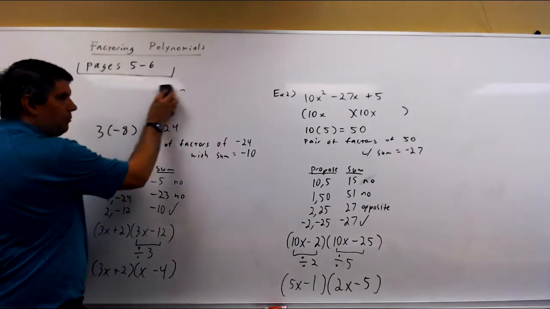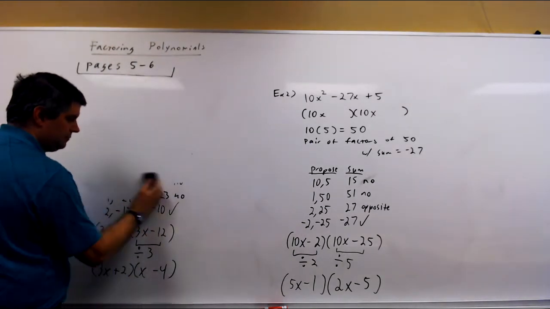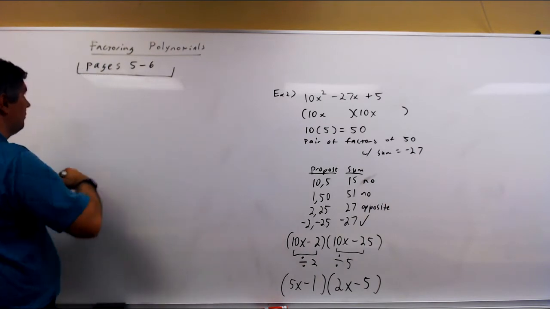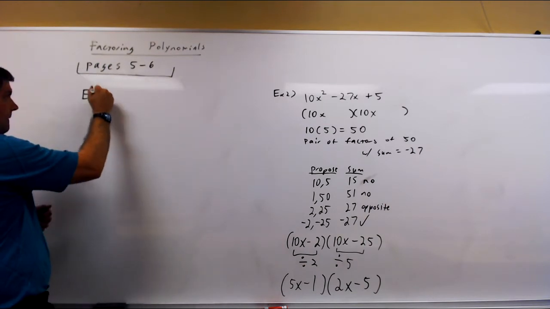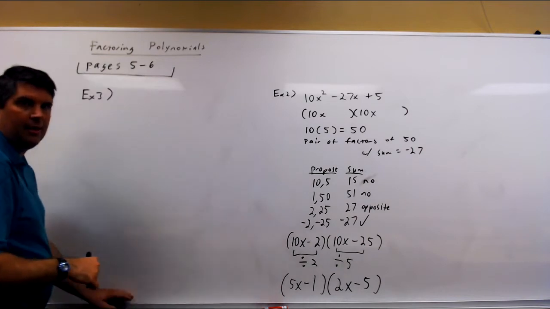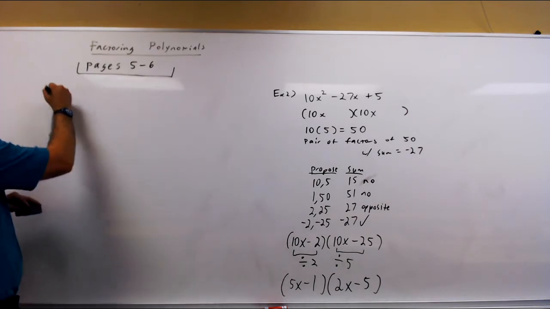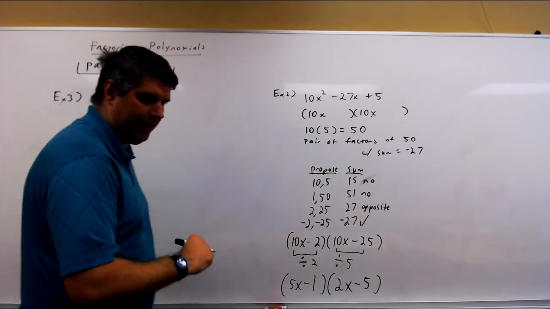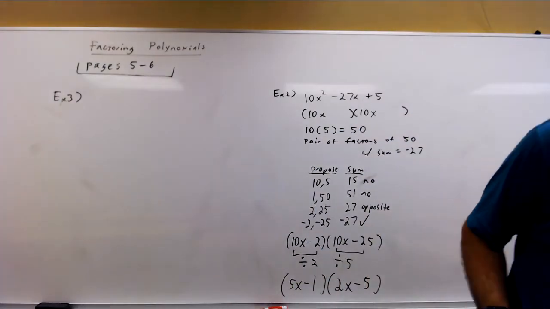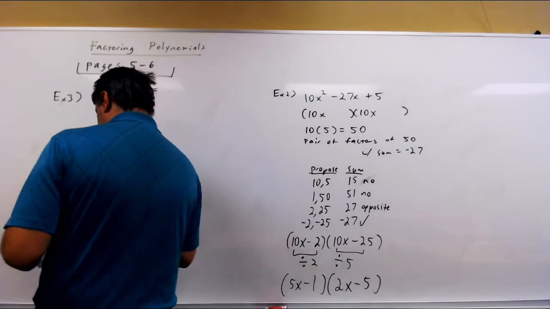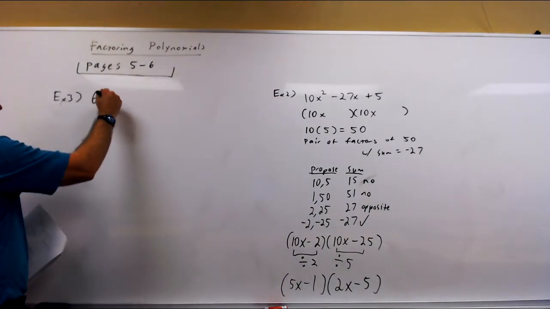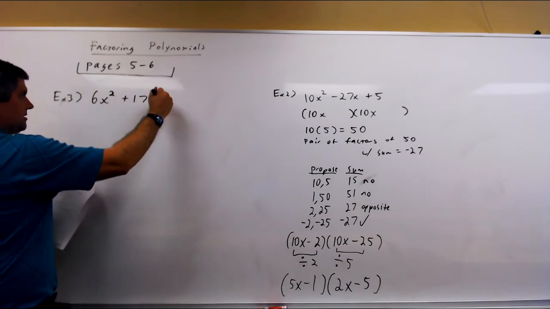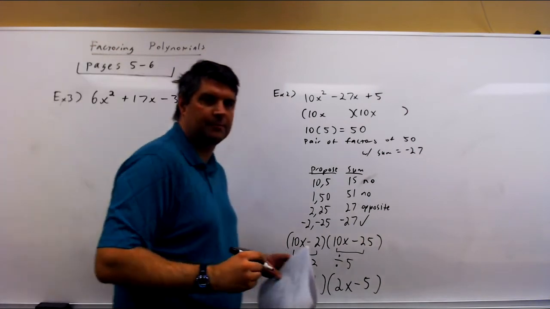So let's put up example 3. (6x squared plus 17x minus 3).